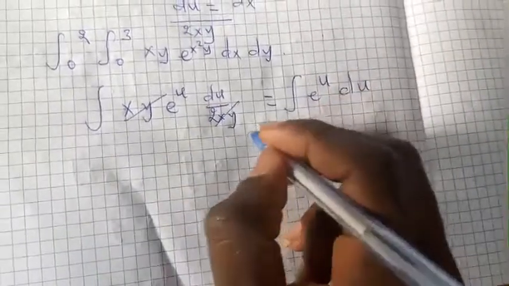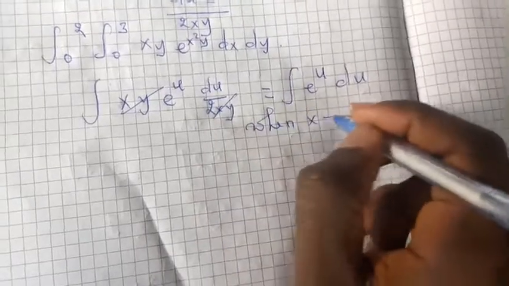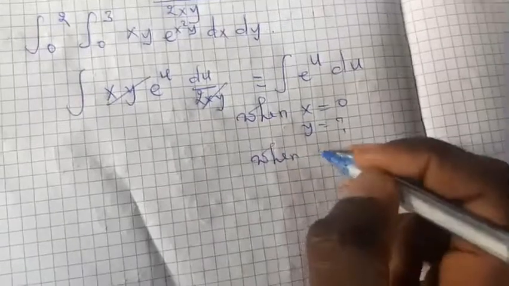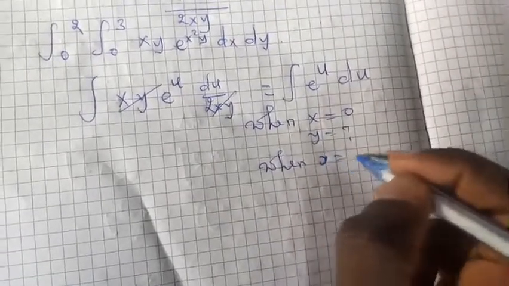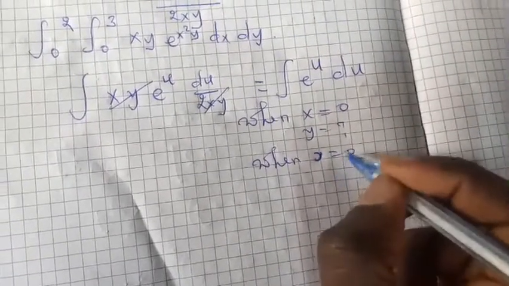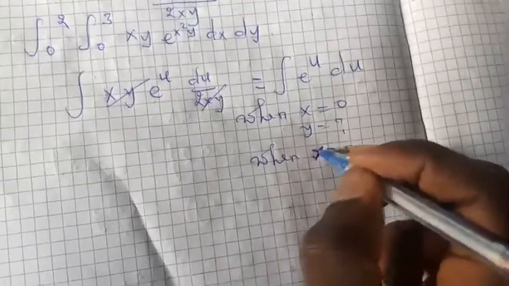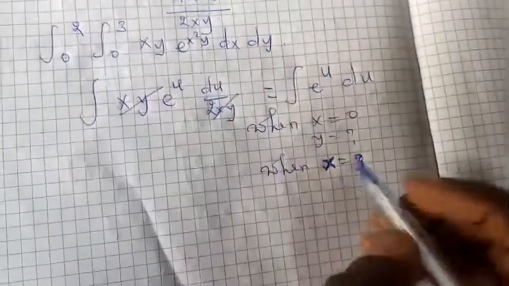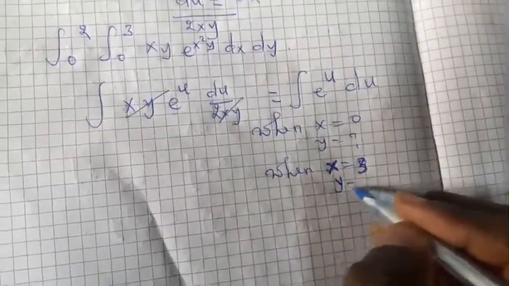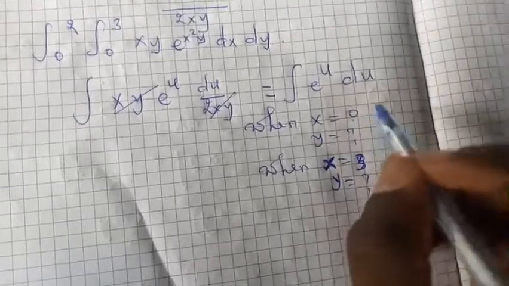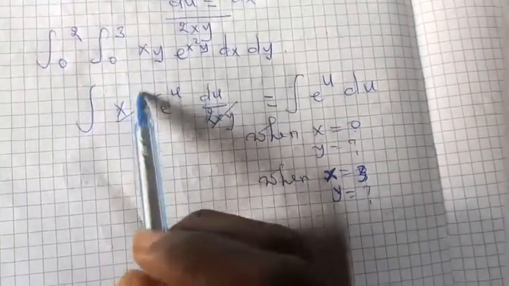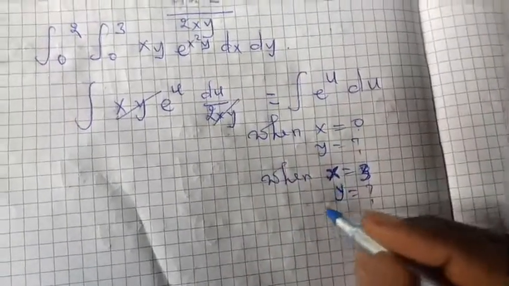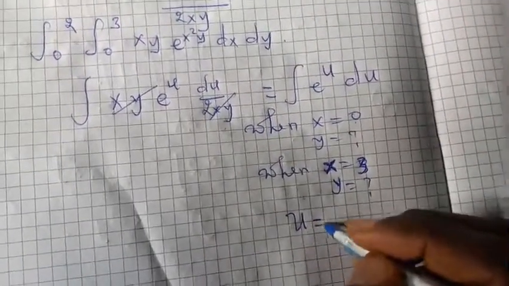And here, when x is equal to 0, y will be equal to what? If x is equal to 3, as usual, from the interval 0 to 3, then if x is equal to 0, here we get u equal to 0.